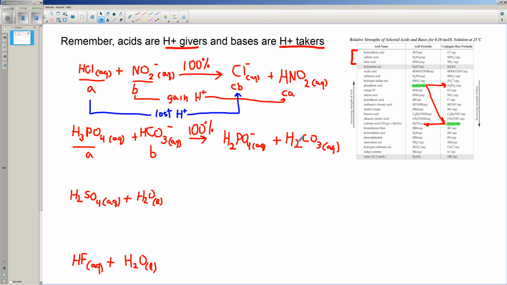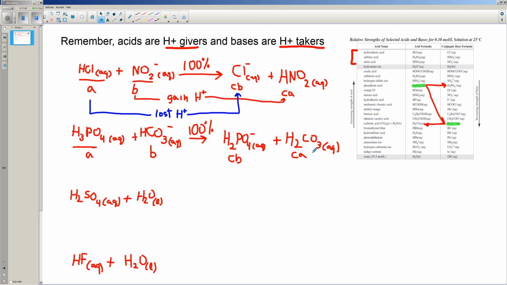Last thing we need to do is label our conjugates. So my acid turns into conjugate base, and my base turns into conjugate acid. And there we go. There's another Bronsted-Lowry acid-base reaction completely taken care of.